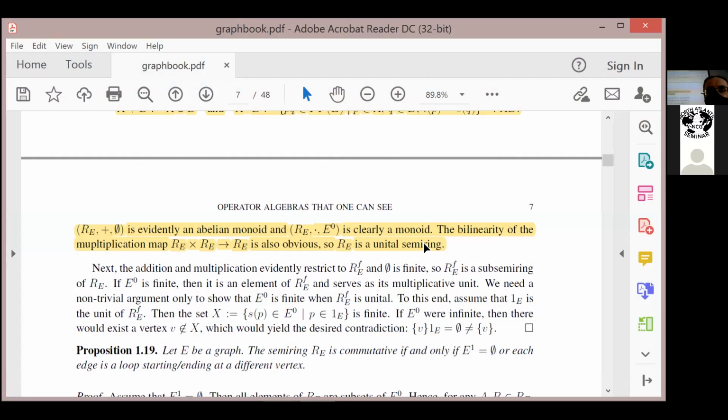But now, we have two monoids, one abelian and one not. Both are unital, that is, they have a neutral element. And now I claim that the bilinearity of the multiplication map is also obvious, and let me not write it down.